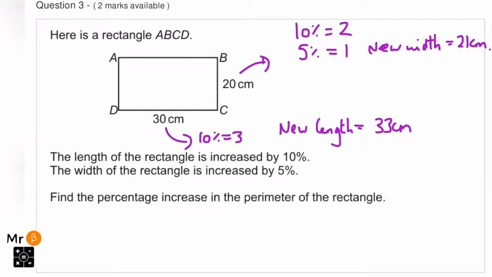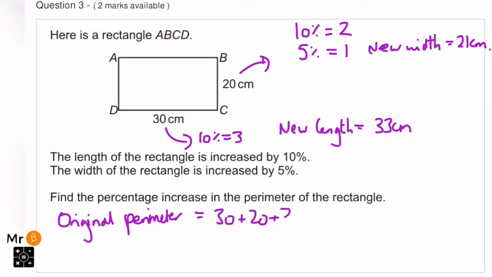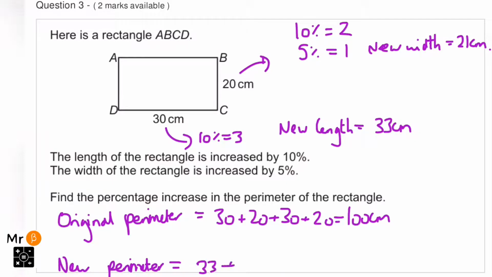It wants you to find the percentage increase in the perimeter. So the original perimeter must be 30 plus 20 plus 30 plus 20, which is 100 centimetres, and our new perimeter, using those new amounts we just worked out, is 33 plus 21 plus 33 plus 21, and that equals 108 centimetres.